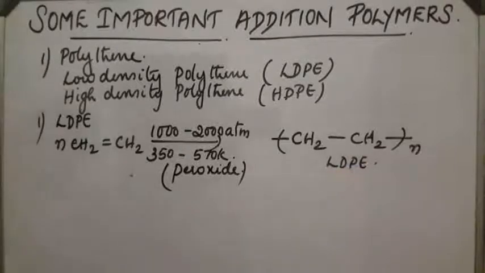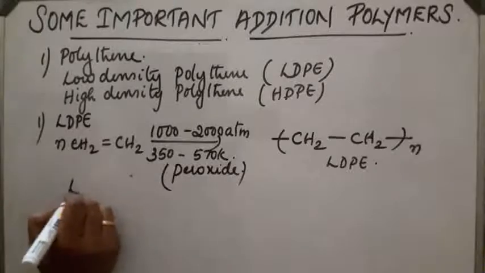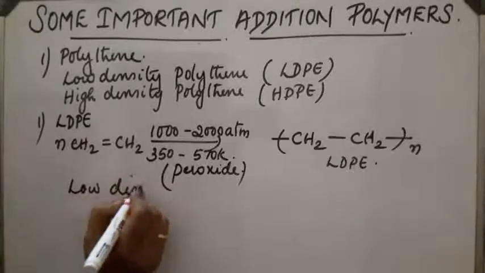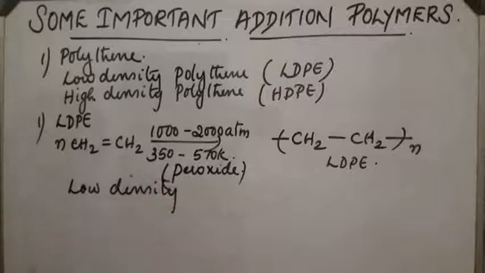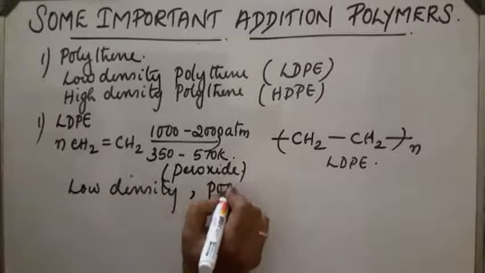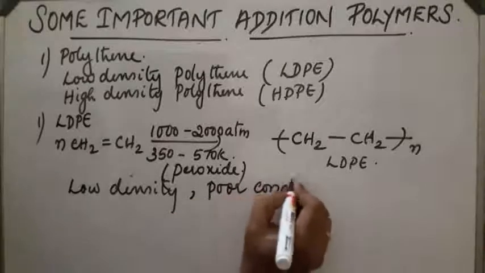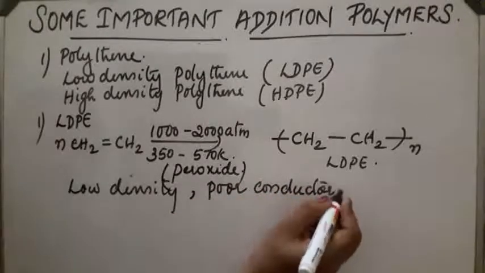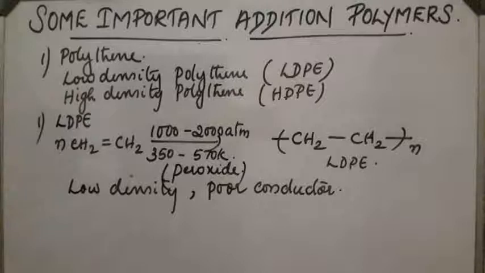Their important properties are they are highly branched structure and they are chemically inert. They have low density and they are poor conductor of electricity. Next, their important uses.